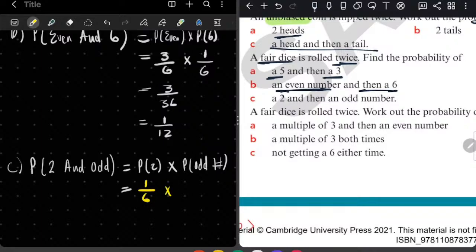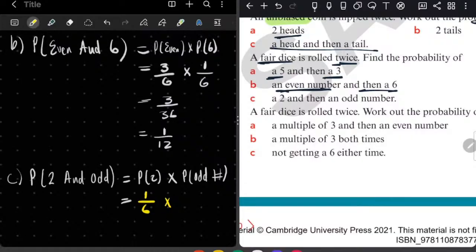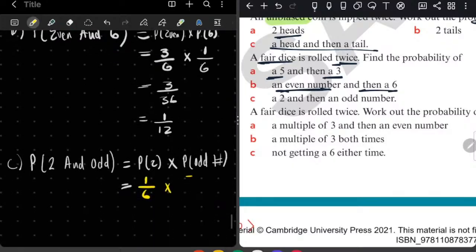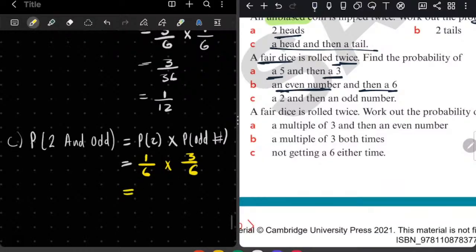Times. How many odd numbers do we have now? How many odd numbers on a dice do we have? 1, 3, 5. So it's 3 of them, out of the total 6. Now, what is going to be the answer? 1 times 3 is 3, over 6 times 6, 36.